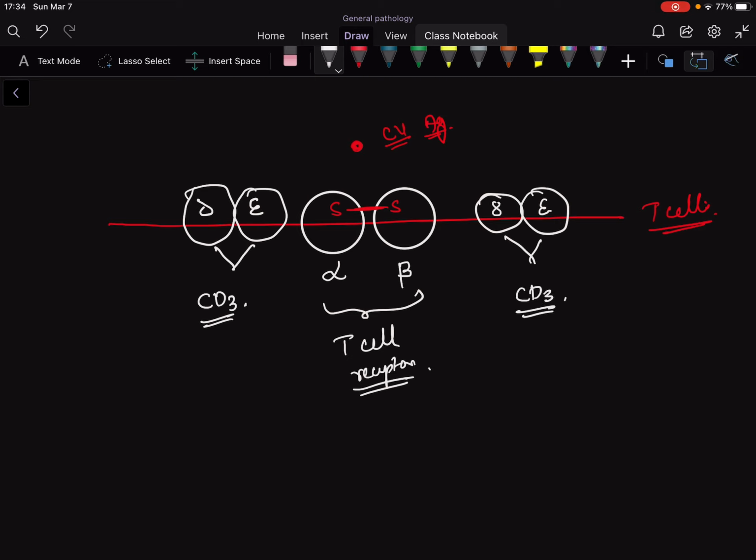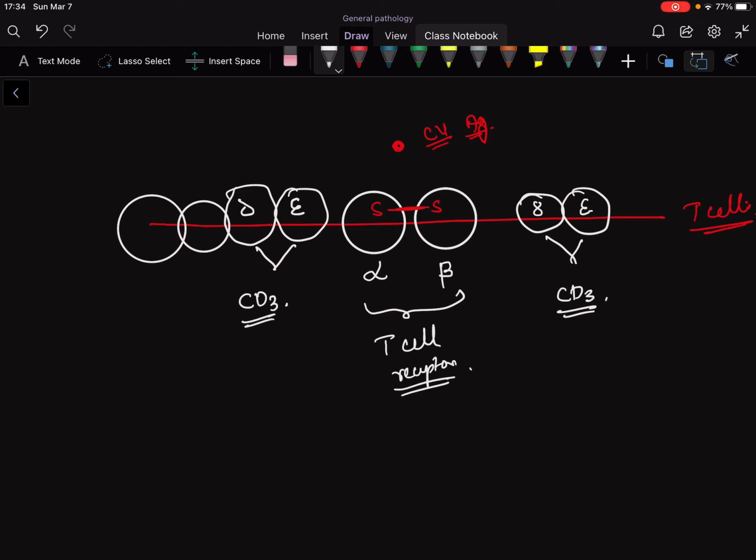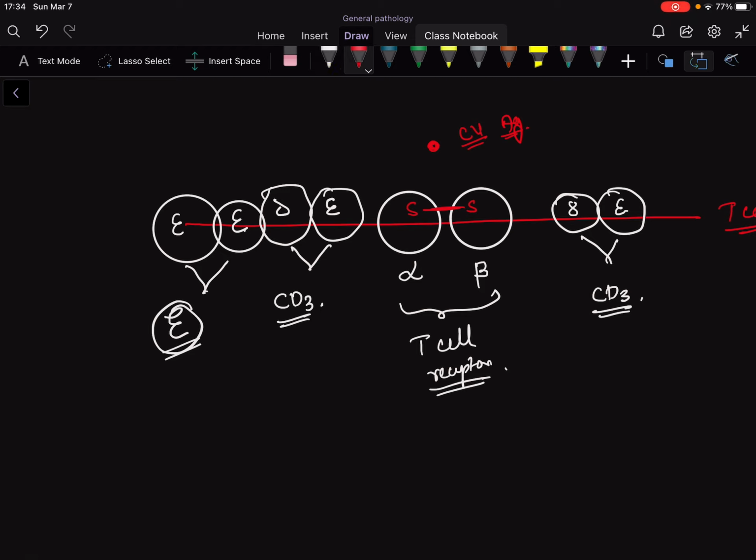Aside from that, there are other proteins. These proteins are called Z proteins. Okay, so this entire complex here, we have to include another protein, and this protein is very important because this is the CD4 protein.